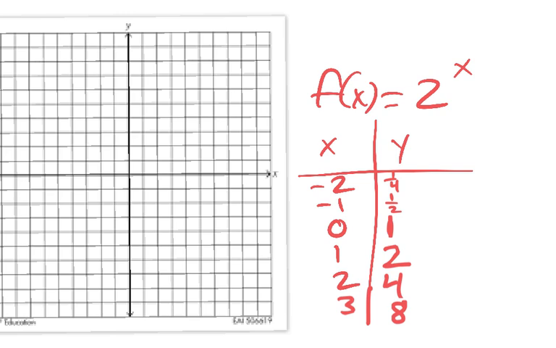1/8. Okay, so if we graph these, I've got 0, 1, 1, 2, 2, 4, 3, 8. Then I've got negative 1, 1/2, negative 2, 1/4. You guys remember this graph?